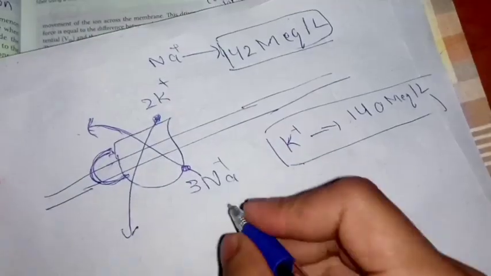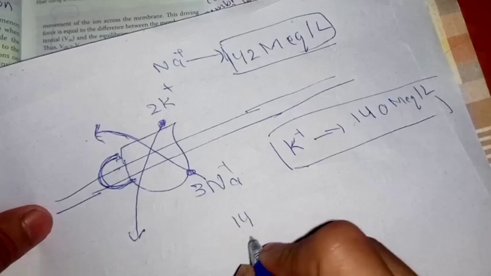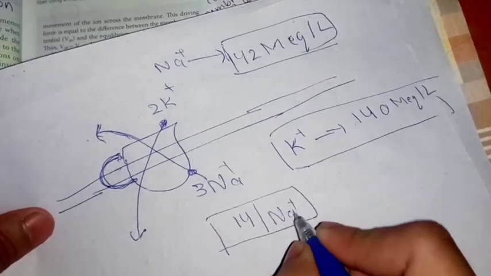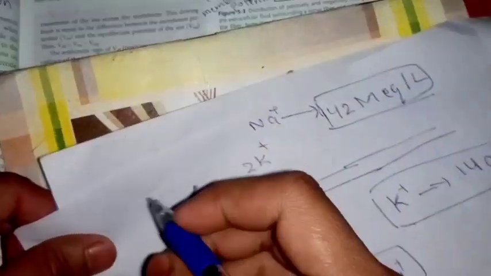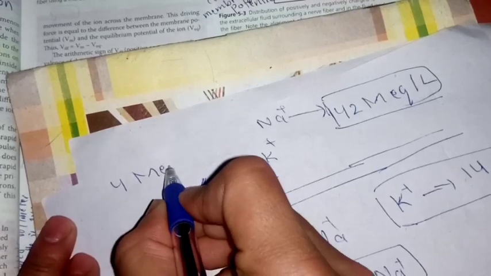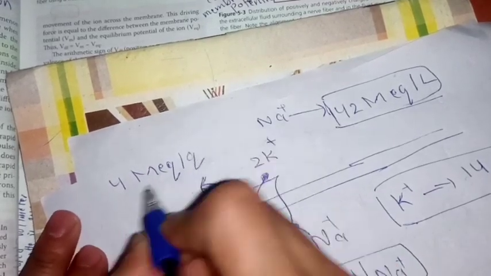The sodium which remains inside the cell is only 14 milliequivalents, and outside the cell only 4 milliequivalents of potassium remain.